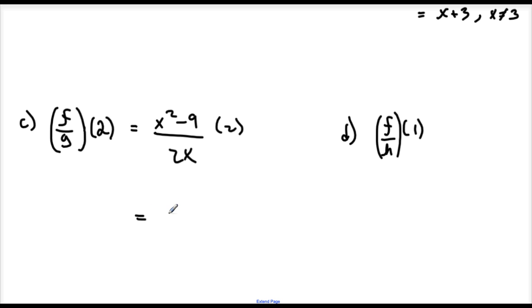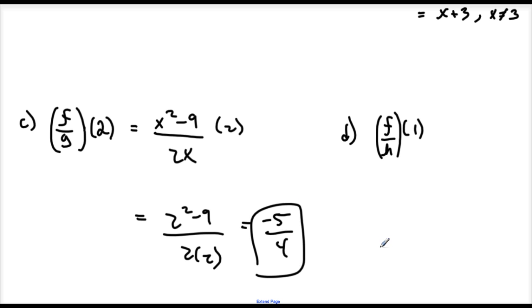So now I'm going to put 2 squared minus 9 all over 2 times 2. Plugging that in, 4 minus 9 is negative 5, and then we have a 4, so that would be negative 5 fourths.